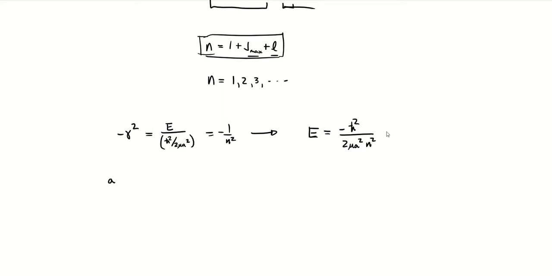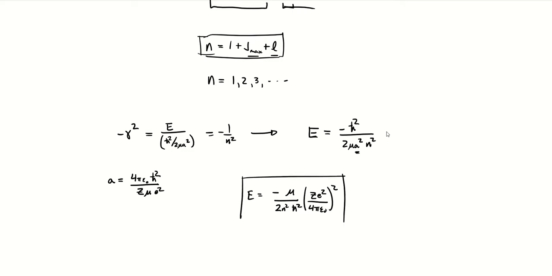We also had defined a, this length, as 4 pi epsilon naught h bar squared over z mu e squared. If we plug that back in here, we end up with the energy equal to negative mu over 2 n squared h bar squared times z e squared over 4 pi epsilon naught all squared.